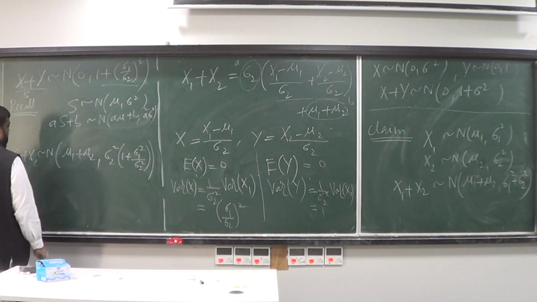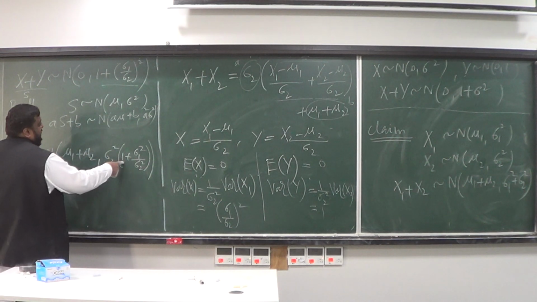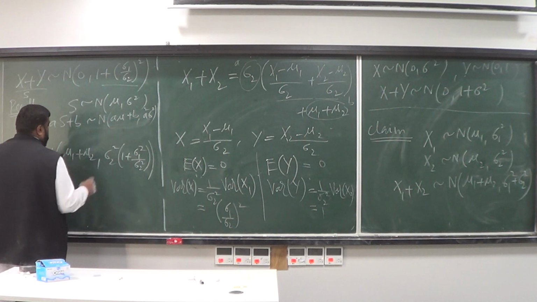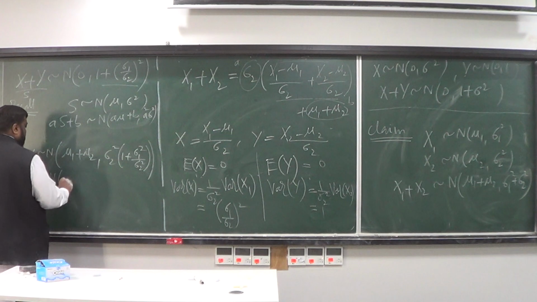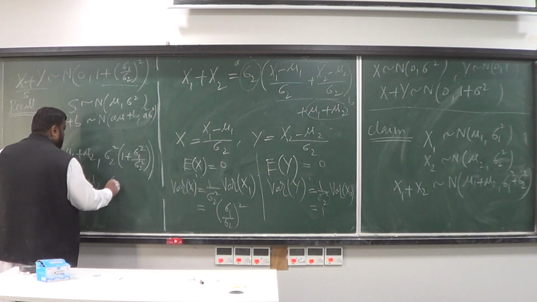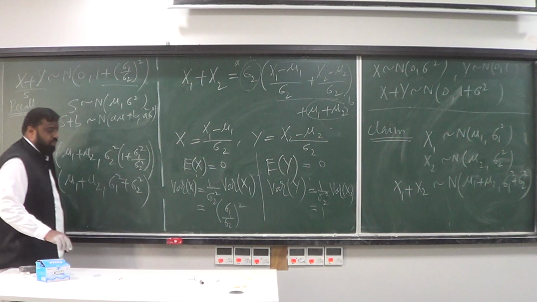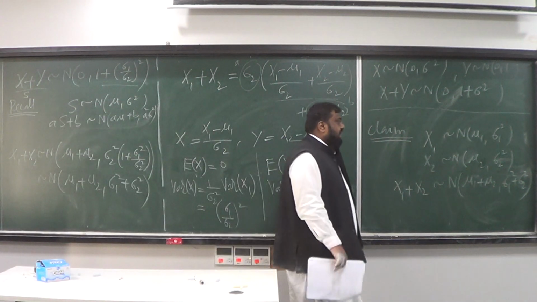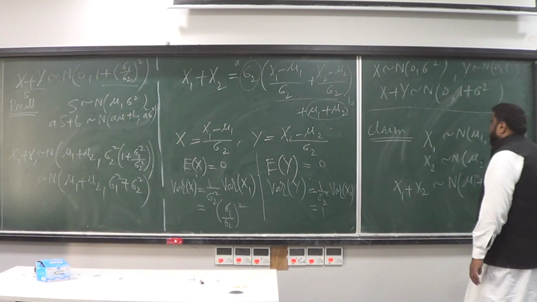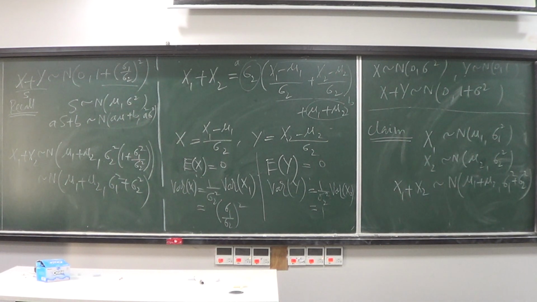If you simplify, sigma 2 square multiplied by this gives sigma 1 square plus sigma 2 square, since sigma 2 square cancels, and hence you get mu1 plus mu2 as the mean and sigma 1 square plus sigma 2 square as the variance. So we proved the claim: if x1 is normally distributed with mean mu1 and variance sigma 1 square, and x2 is another normally distributed random variable with mean mu2 and variance sigma 2 square, then their sum is also normally distributed, with mean mu1 plus mu2 and variance sigma 1 square plus sigma 2 square.